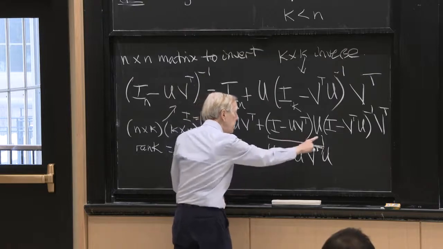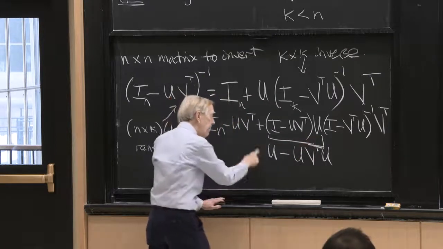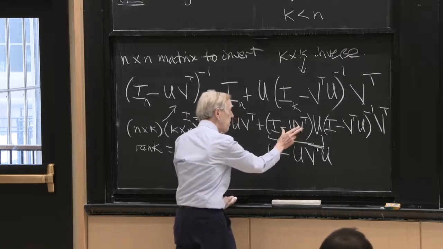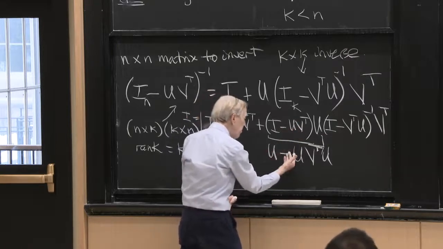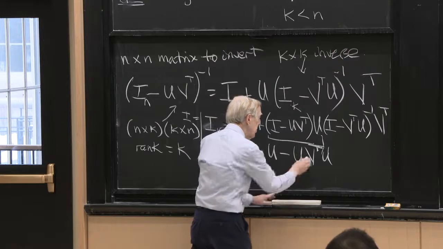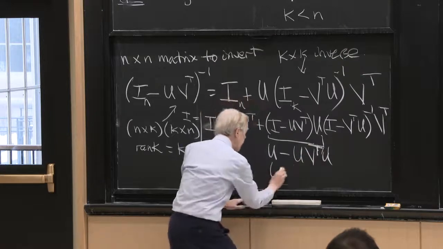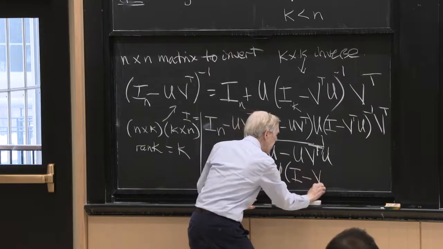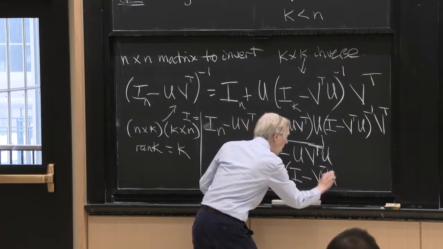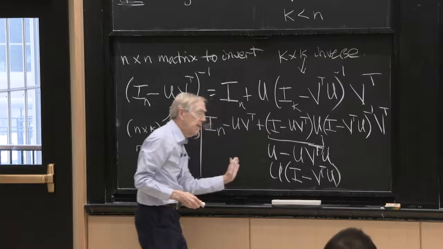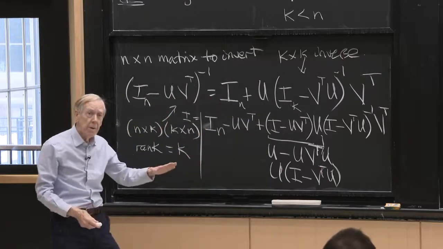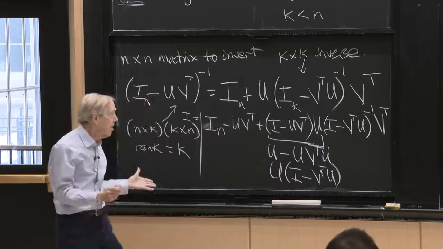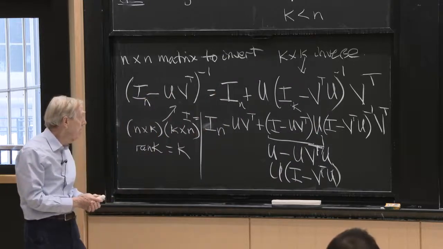I'm bringing the U that was on the right up there, I'm going to put it on the left. So this is obviously U minus U V transpose U. And now I'm going to write it another time. It's U times I minus V transpose U. I'm going to factor the U out on the left side instead of where it originally came on the right side of this. Okay, you see the great news there?